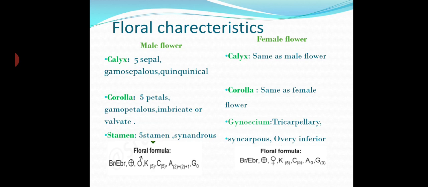And in female flower, as it is a male flower, gynoecium is absent. So, we write it as G0, that is gynoecium absent.